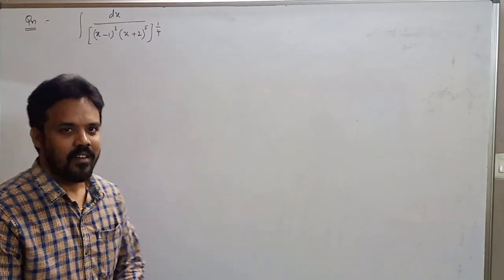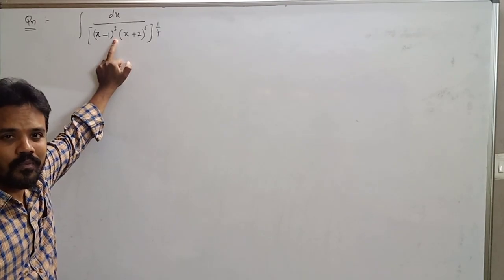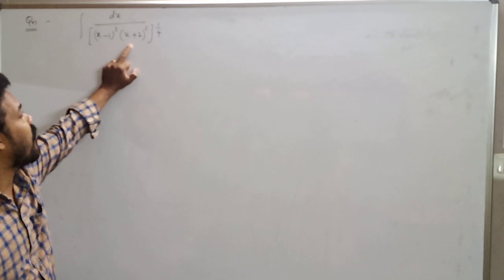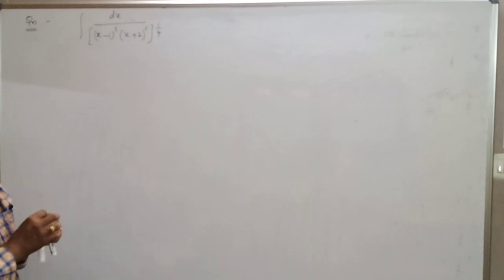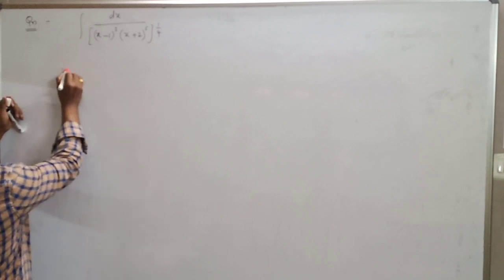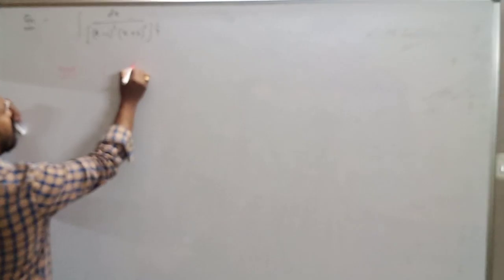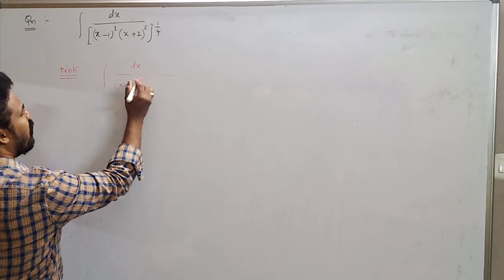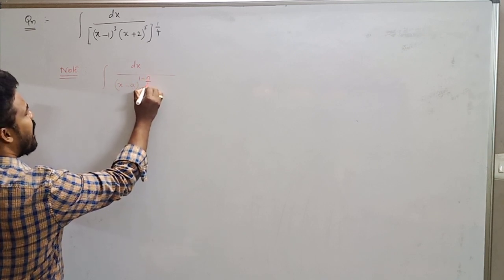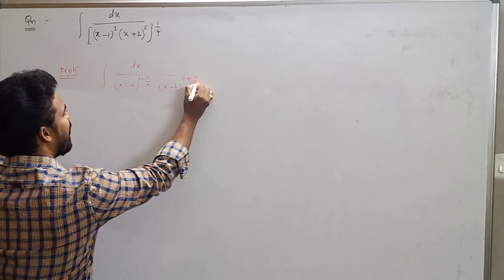Integral dx by (x minus 1) whole cube into (x plus 2) whole power 5, whole to the power of 1 by 4. Here, the logic is, when are the questions like this? Note, my dear students, integral dx by (x minus a) whole to the power of 1 minus n by k, (x minus b) whole to the power of 1 plus n by k.